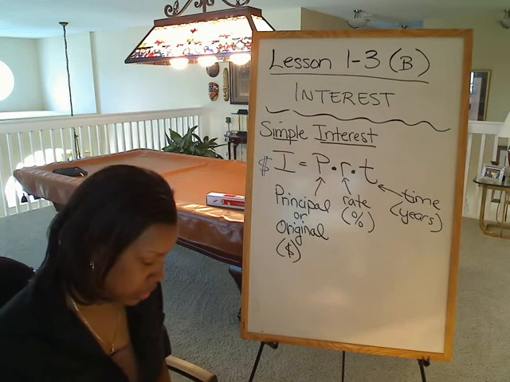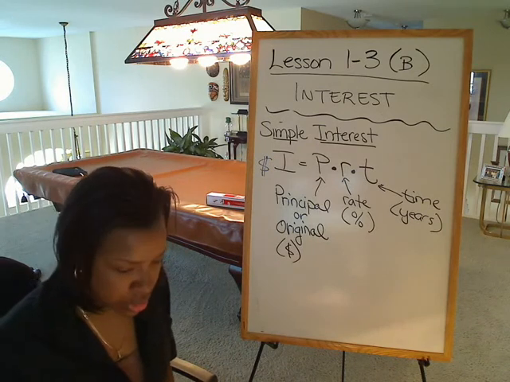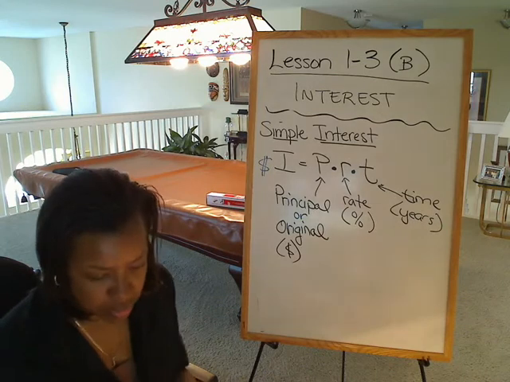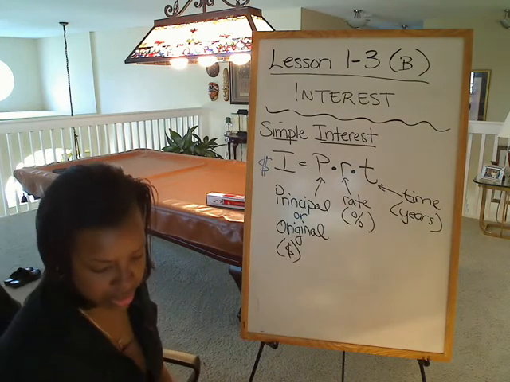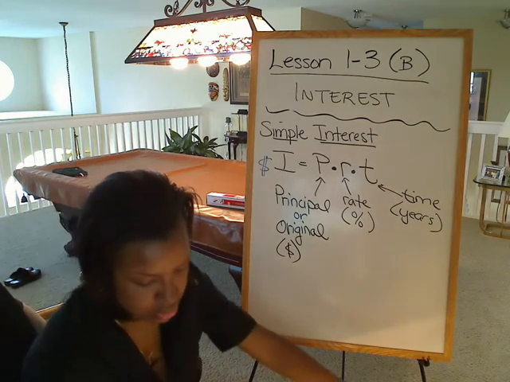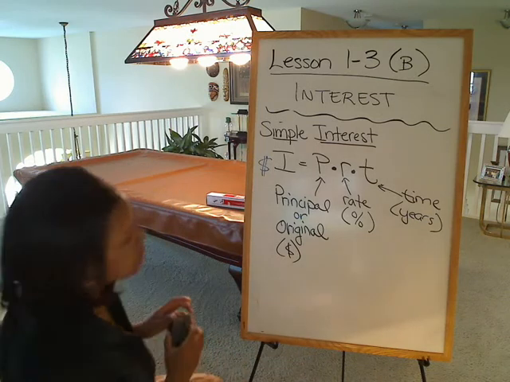Okay, so the first question that I want to do is question number 2. I'm coming from 1-3B, your homework practice. And yeah, we'll start off with question number 2.